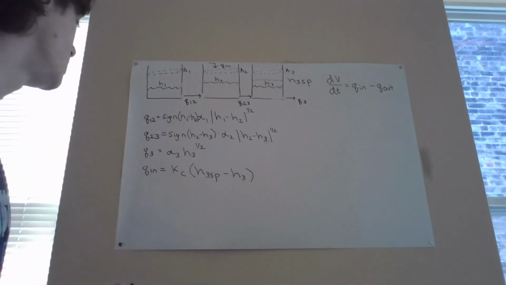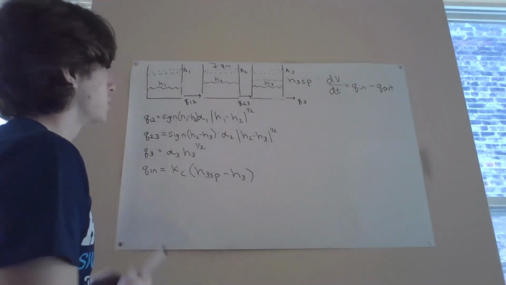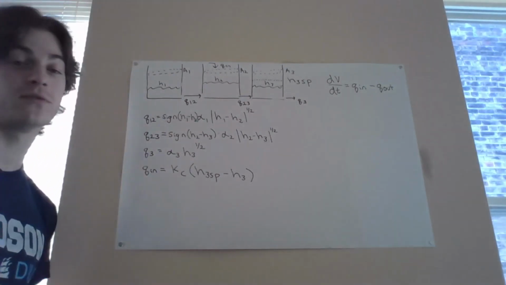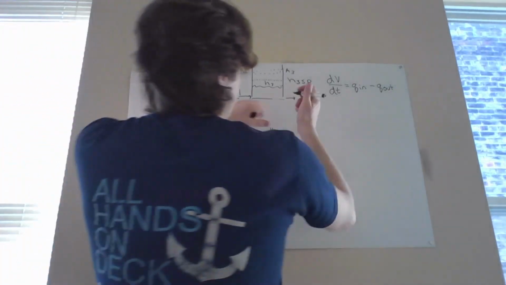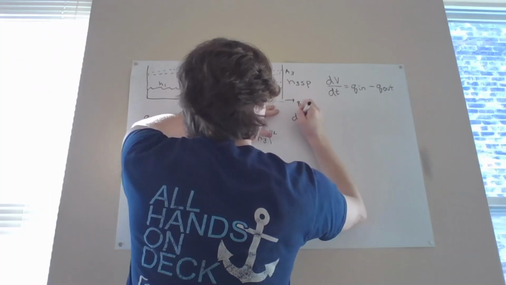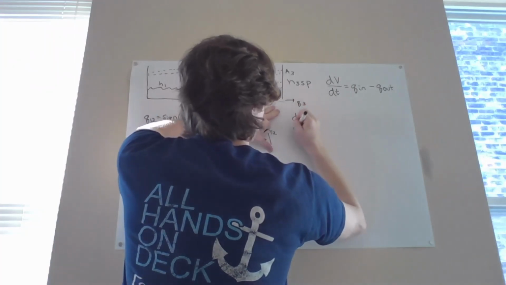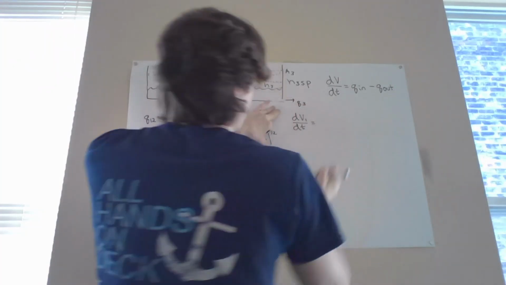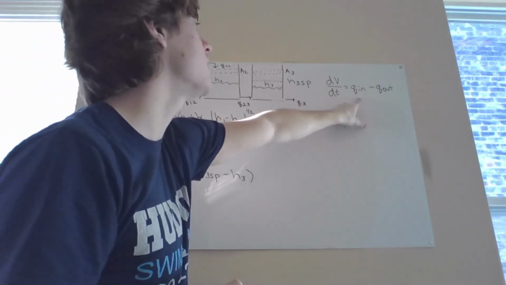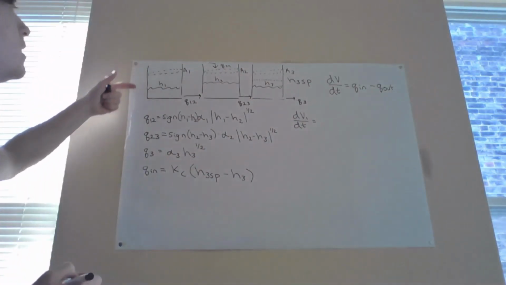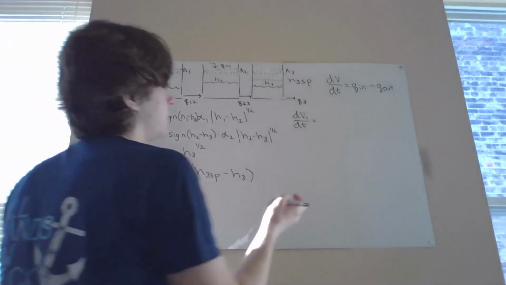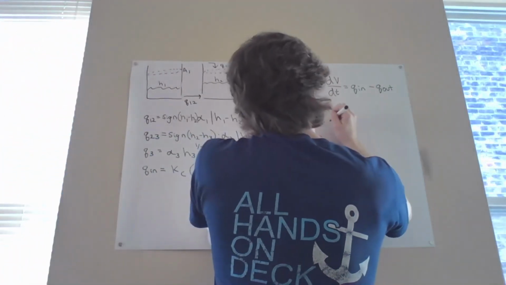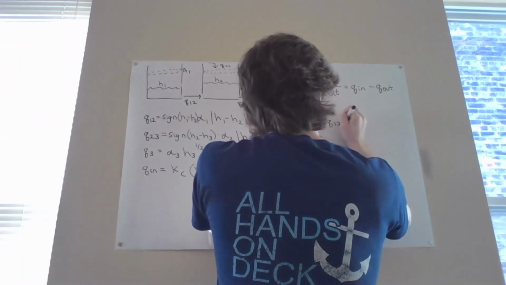So let's start with the rate of change of volume in tank 1. The change in volume for tank 1 will be the flow rate in minus the flow rate out. If we look at our tank, there's no flow rate into tank 1. And then our flow rate out is just the flow rate between tanks 1 and 2.